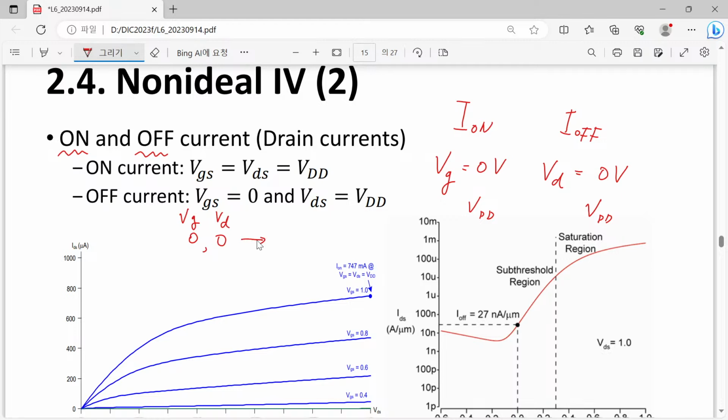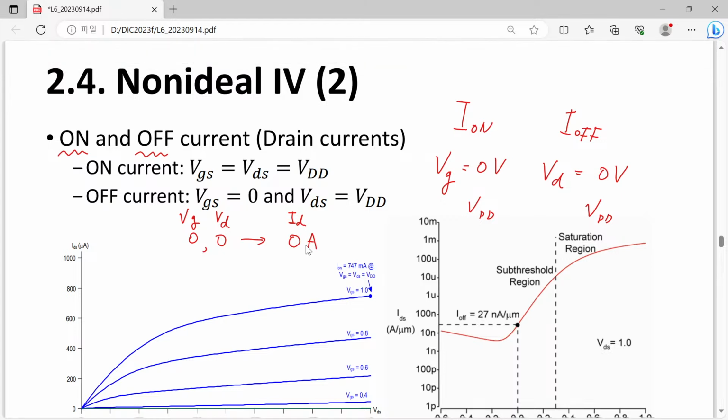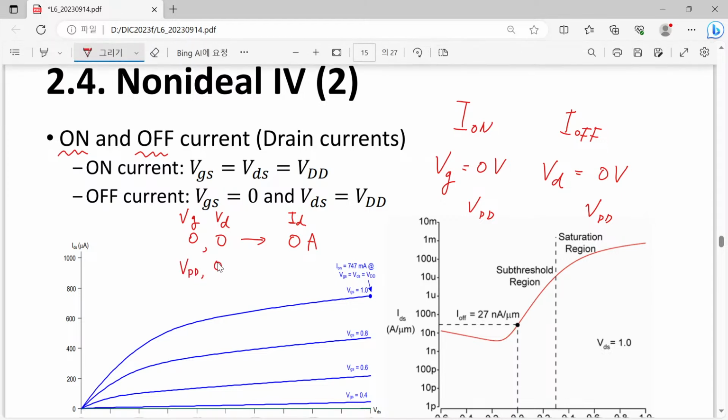0, 0. In every device, when you apply 0 volt and 0 volt to gate and drain, what is your expectation for your drain current? This is just useless and there will be just 0 ampere. So no way, we don't have to quantify. Now let's say that we apply VDD and 0.